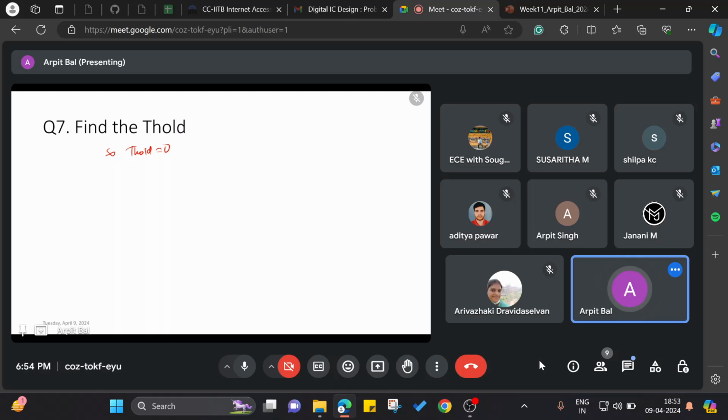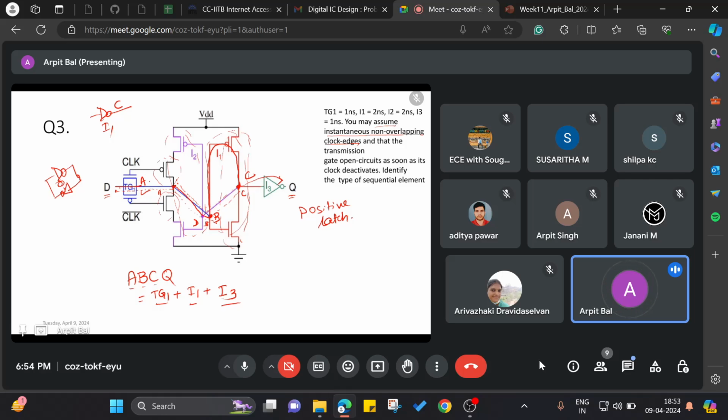So after a certain time we have stable data available that can be captured. In this case there is no overlap, because it mentions that instantaneous non-overlapping clock edges are present, so the T hold is 0 in our case.